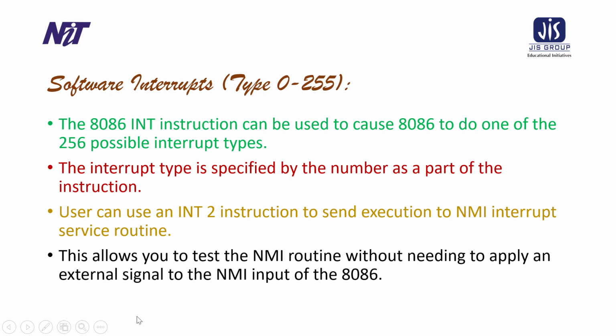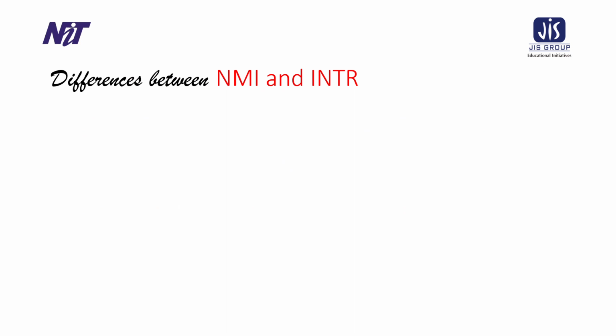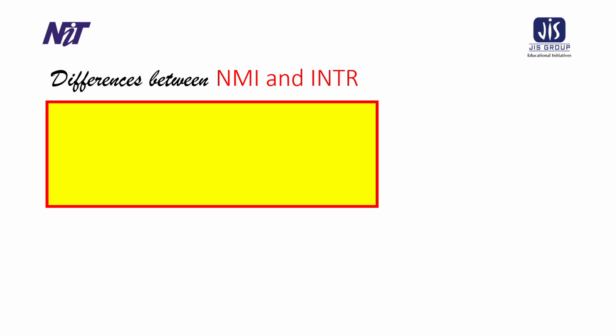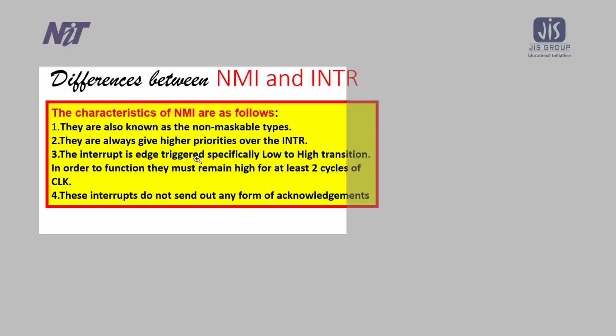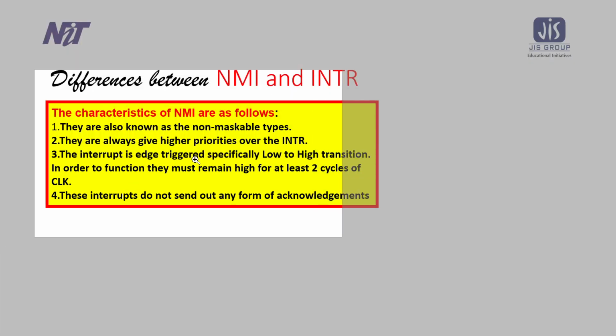Now in the next slide I'll explain the difference between NMI and INTR. First I'll explain the characteristics of the NMI. After that I'll explain the difference between the NMI and INTR. First, the characteristics of the NMI are as follows. They are also known as the non-maskable type.